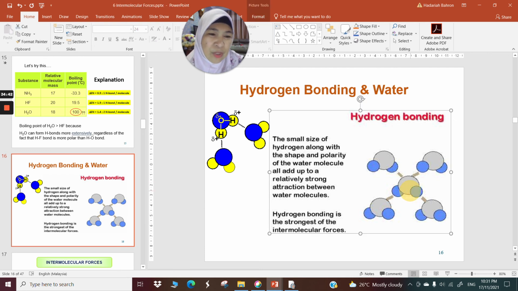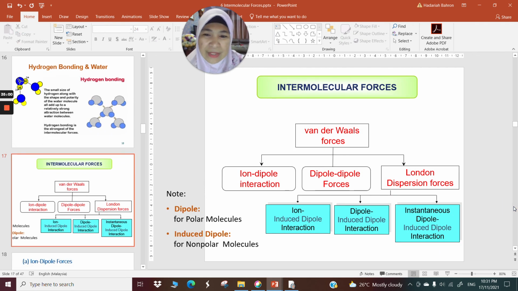So each water molecule will be bonding to at least two other water molecules, and it's a lot more difficult to break those intermolecular forces, making water have a higher boiling point than the others comparatively.